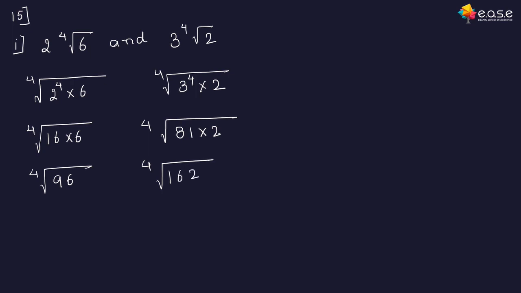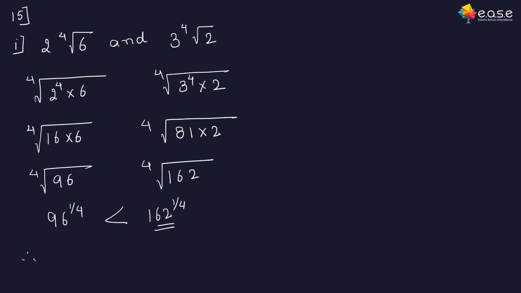We have to put it in descending order, that means first the greater and then the smaller. Which is the greater number now? This can be 96 raised to 1 by 4 and 162 raised to 1 by 4. Fourth root means power 1 by 4, correct? Which is the greater one? This one is greater, and we have to put it in descending order, sorry. So this number will come first.